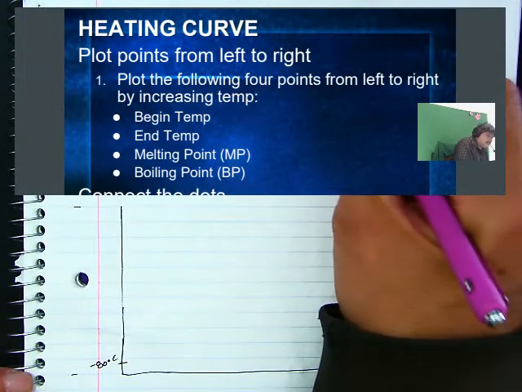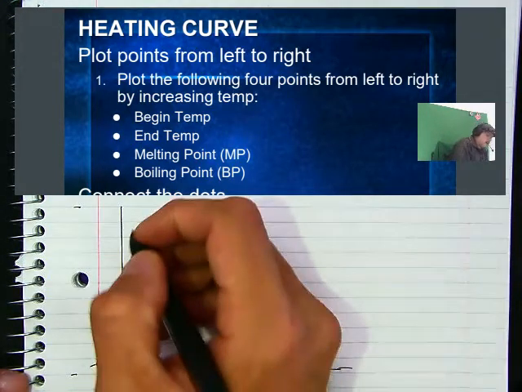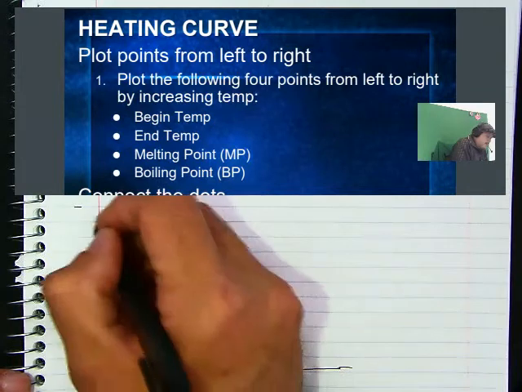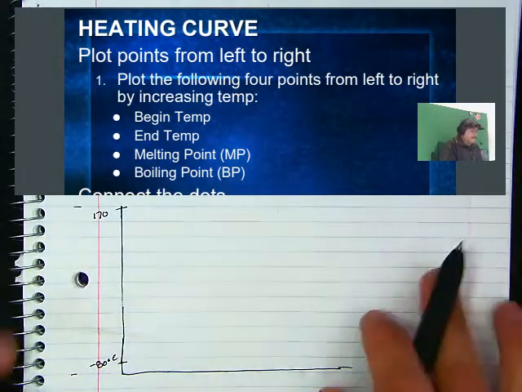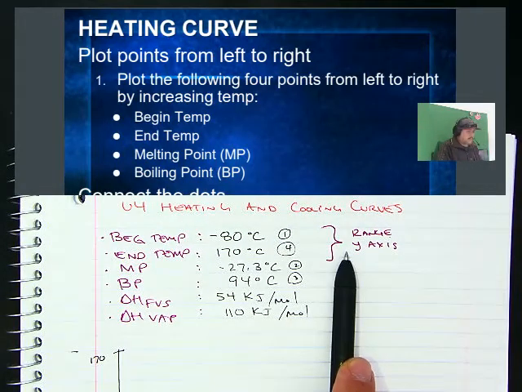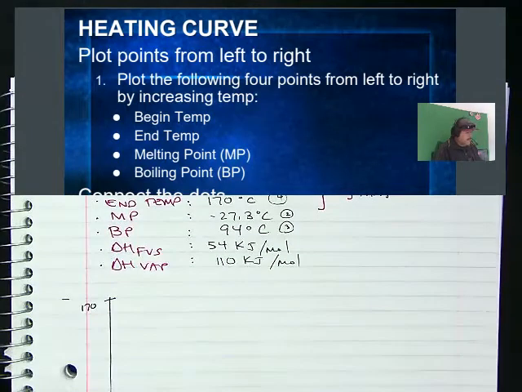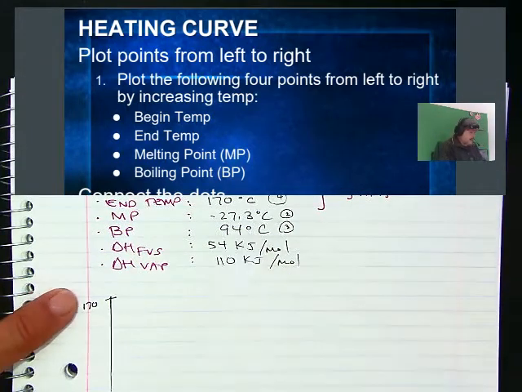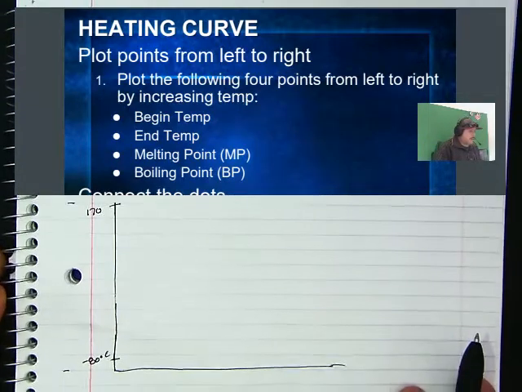On here is the negative 80, and the top is going to top out at, let's say, 170. So again, these create the range for your y-axis, the beginning and end temperature. That's why I put 170 at the top here, and negative 80 at the bottom. That's our range.